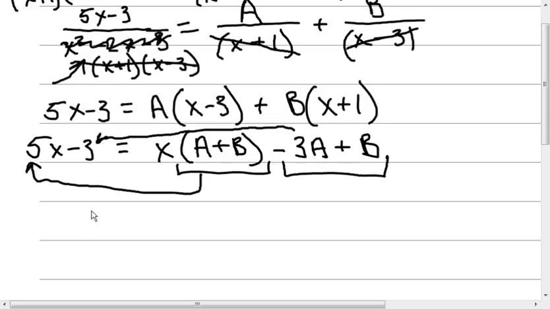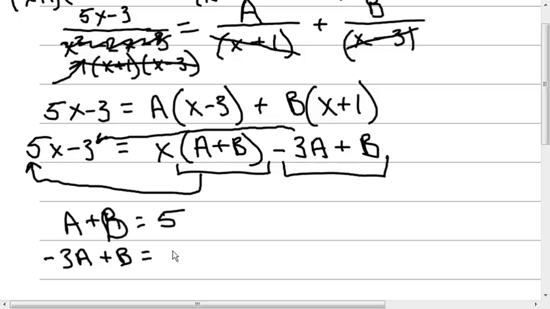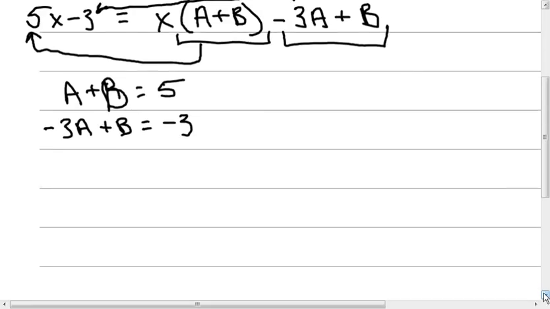So what we can do is rewrite it to say A plus B equals 5, and minus 3A plus B is equal to minus 3. So we have two simultaneous equations and two unknowns, so we can solve them.